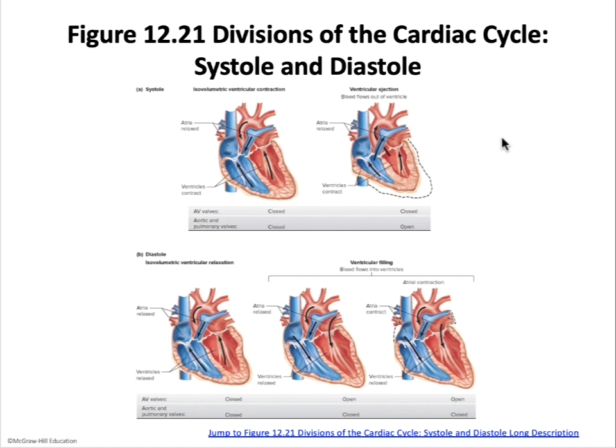Each chamber is separated from its neighbor by a valve, and those valves exist right here. The first set of valves is between the patient's right atrium and right ventricle, and this is called the tricuspid valve. The next valve is between the patient's left atrium and left ventricle, and that's called the bicuspid valve.